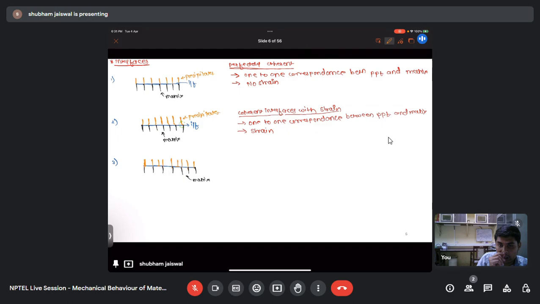Here you can see that we have the one-to-one correspondence, but it is partial, and here some dislocations are forming. So this type of interface is known as semi-coherent interface, in which the partial one-to-one correspondence between the matrix and precipitate will be there, and the dislocations will be formed to take up the strain that is there.